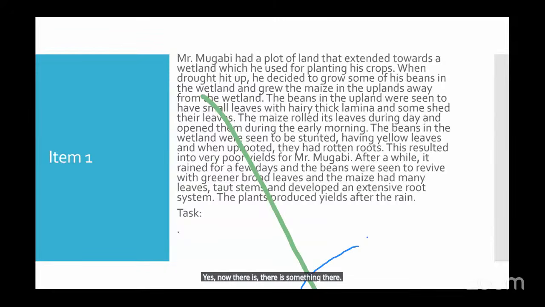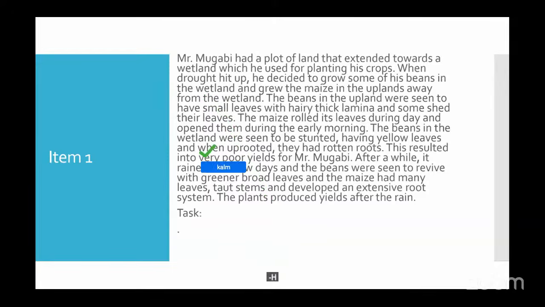Are you seeing more? Then are you seeing disable annotation? Are you seeing any of those? Not really. Teacher Godfrey, have you been able to see it?